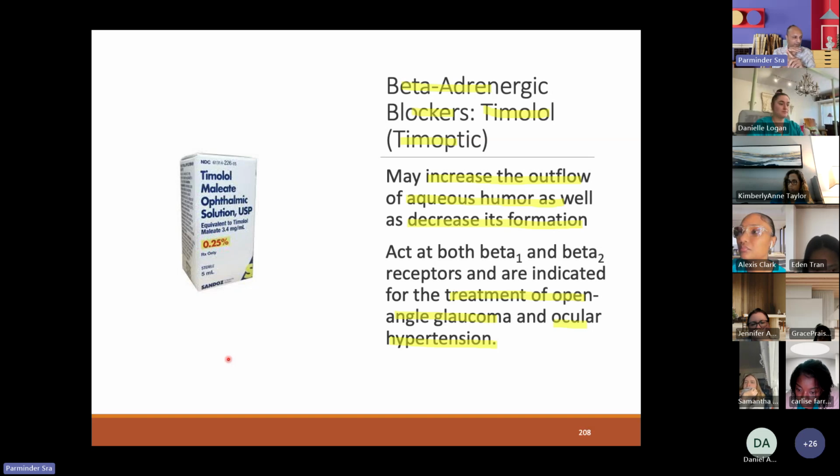And as I mentioned previously, I'm going to say that again, this is a long-term commitment. They cannot stop it, cannot discontinue.